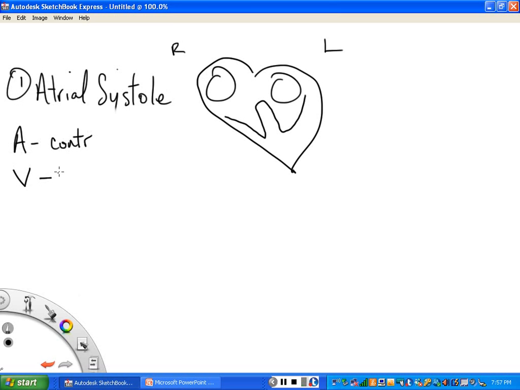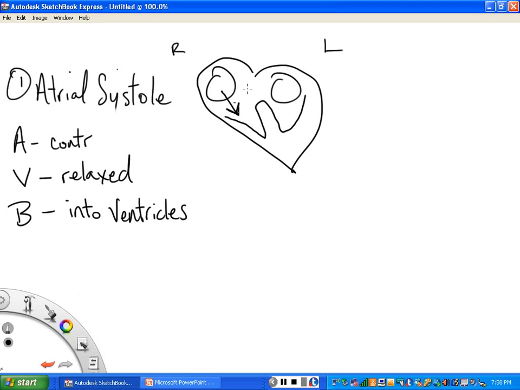The ventricles must be relaxed. Blood is moving which way? That's the way blood is moving. It is moving down into the ventricle. You can say that a lot of ways.